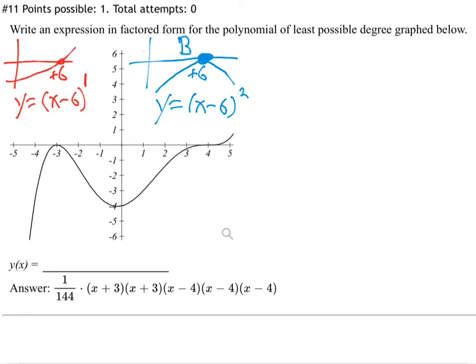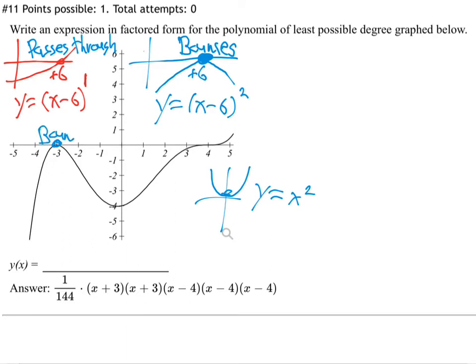So when it bounces, that's second power. When it passes through, that's just first power. And you know that, right? Because you know an x squared graph, that's y equals x squared. It's a U-shape. It's a bouncer. No big surprise, right? Whenever a graph bounces, like right there, that's a bounce point, isn't it? See on the graph we have, that's a bounce.